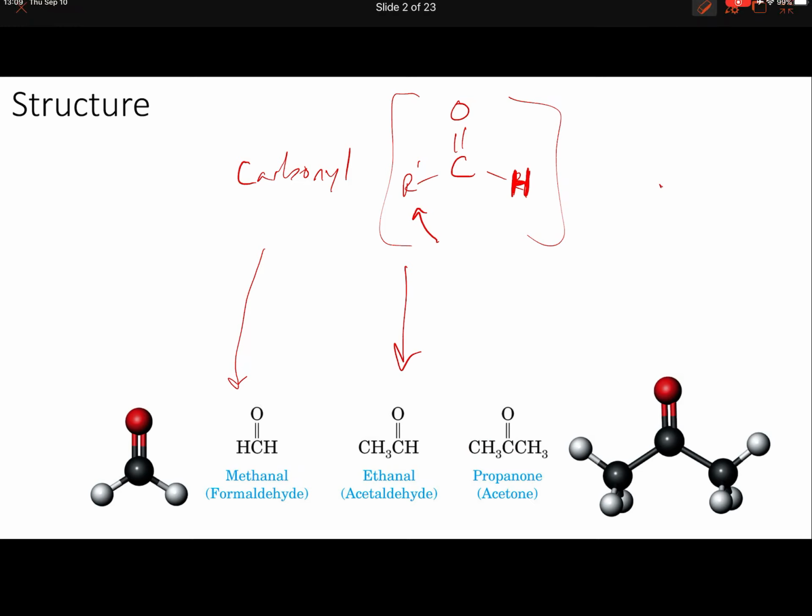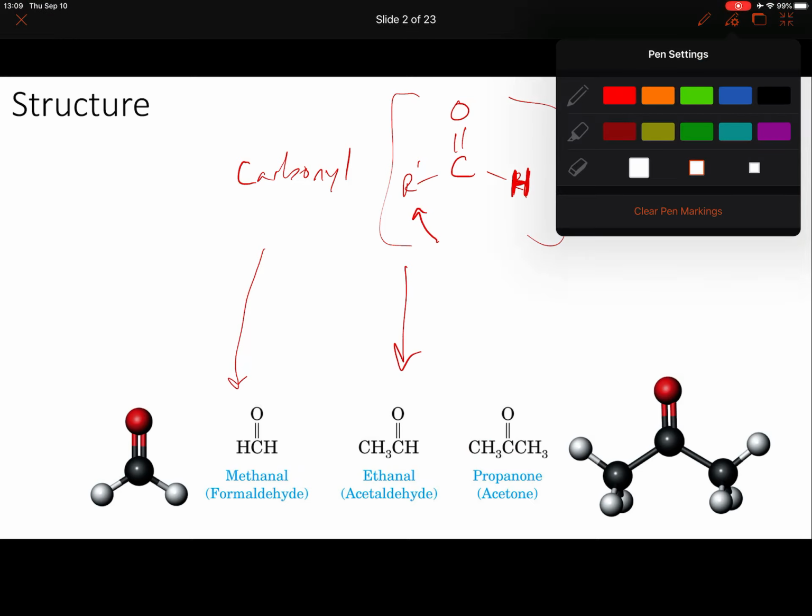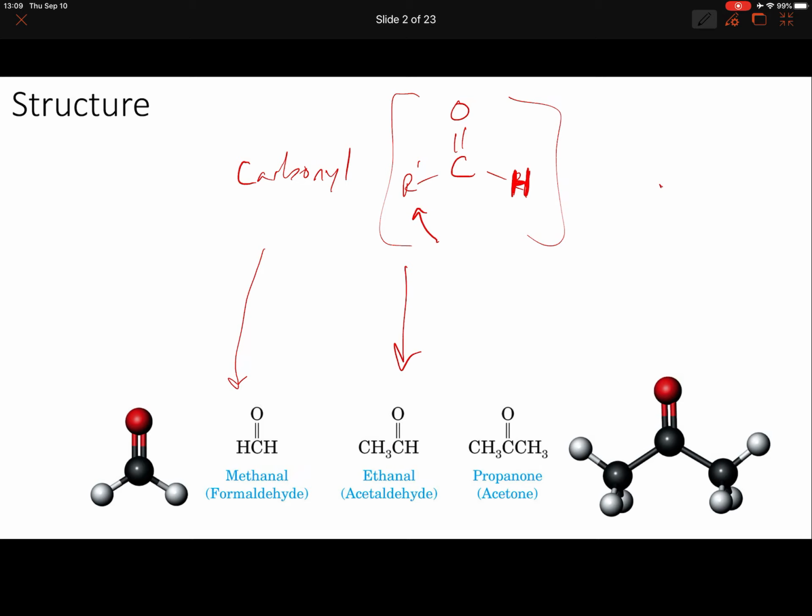No, I was getting at this guy. So C double bond O with an H and then CH2, CH3. So three carbon groups, or so on and so on, as long as one of those groups remains a hydrogen.